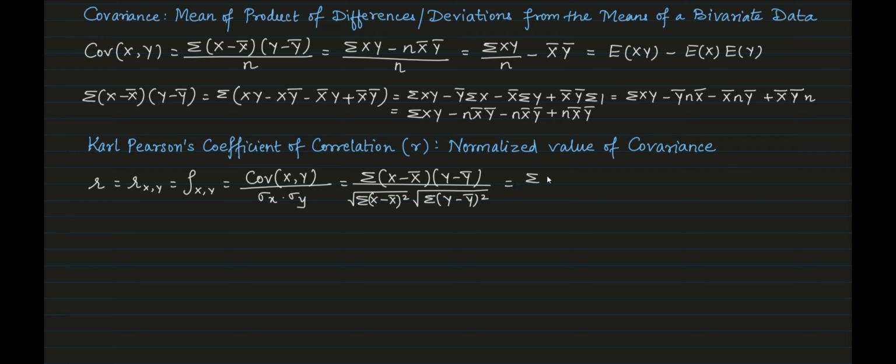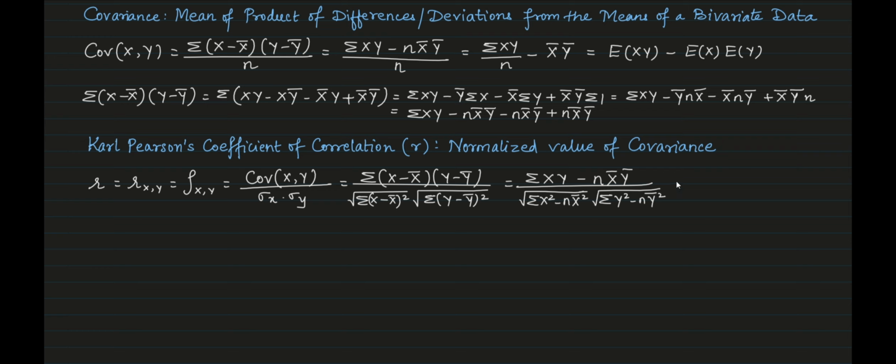This is nothing but summation of xy minus n x bar y bar upon root of summation x square minus n x bar square into summation y square minus n y bar square.